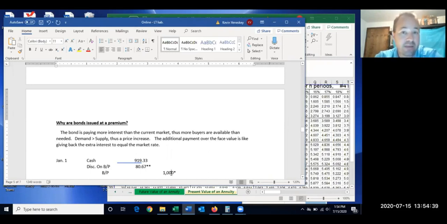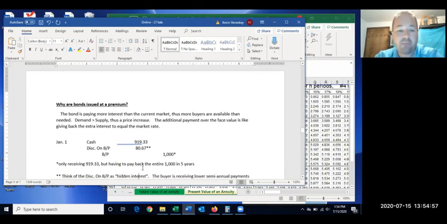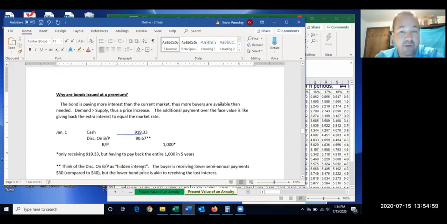How much off did I give them? Again, think of this as hidden interest, because I'm going to pay them back the full 1,000, even though they only gave me $919. So they're going to get an extra bonus of 80 bucks. But instead of showing that bonus of 80 bucks all at once in 5 years, I'm going to divvy it out a little bit at a time so it doesn't hit my books real hard.